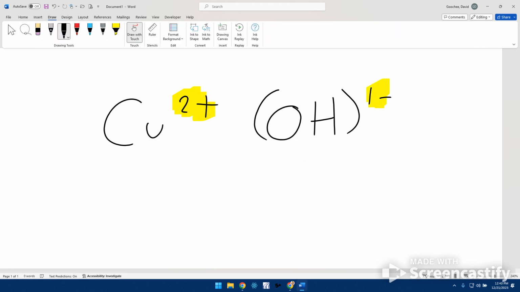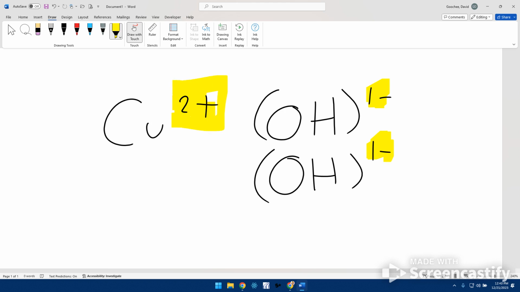All right, but if we had another hydroxide here, now the charges do cancel. The 2 plus from the copper ion will be canceled out by both of these 1 minuses. So the formula is Cu, let's see here, I'm going to move this down out of the way a bit.